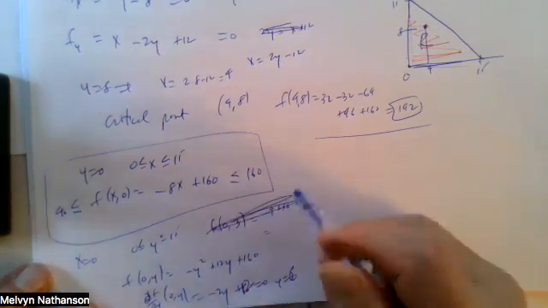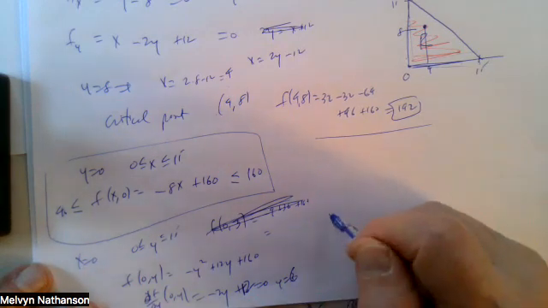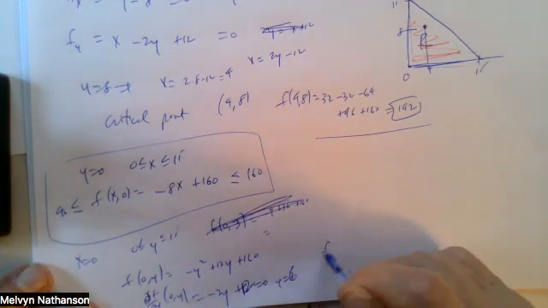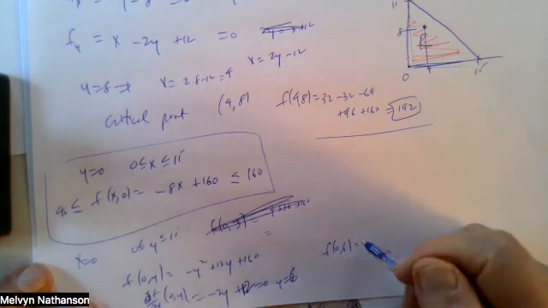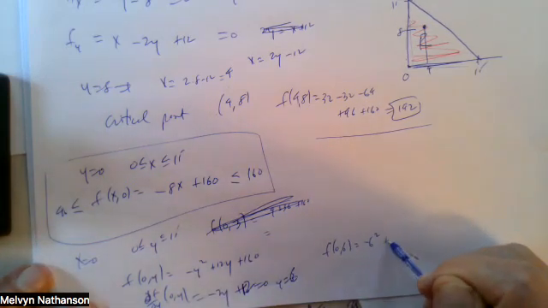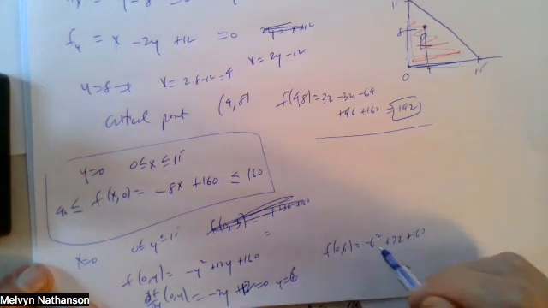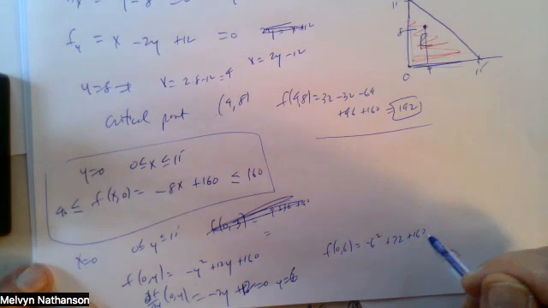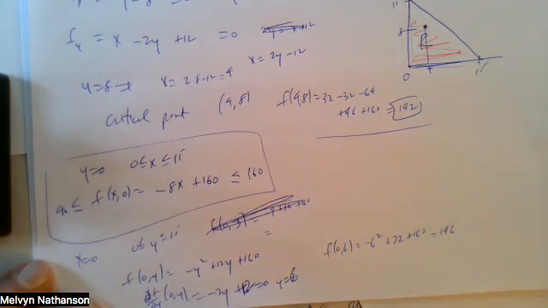So f at 0, 6 is equal to minus 6 squared plus 12 times 6, 72, plus 160. Minus 36 plus 72 is 36, plus 160. This is 196.